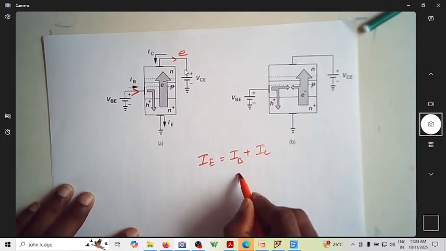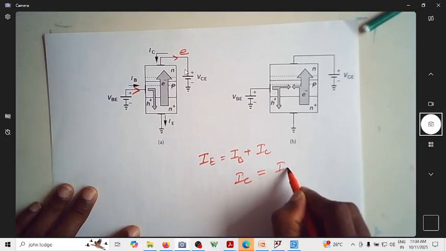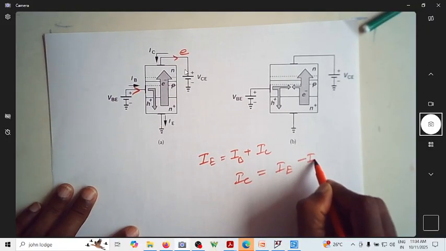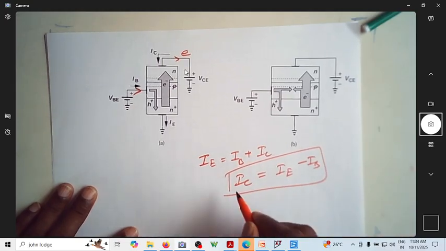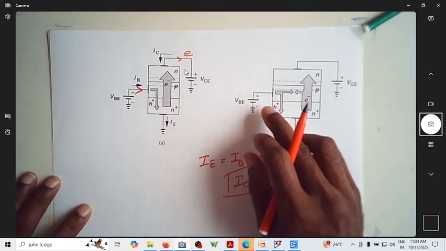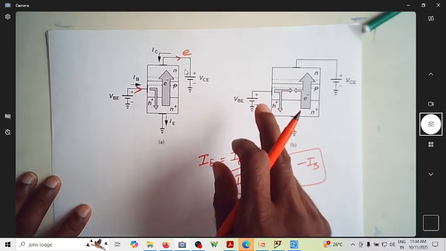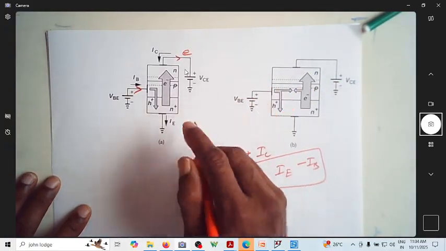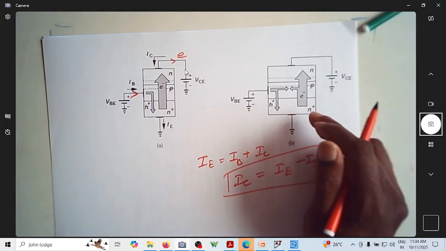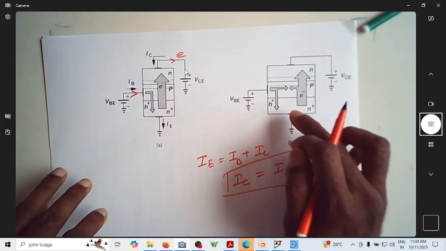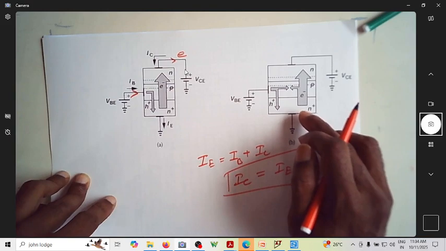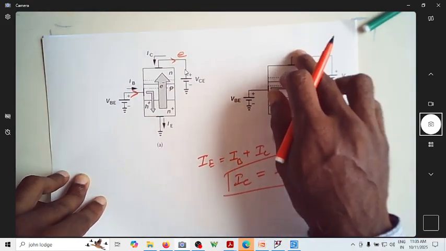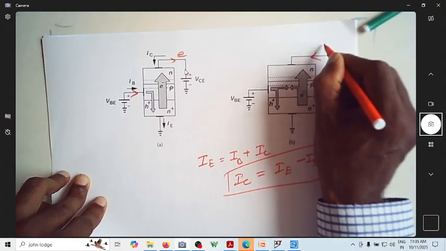So that's why IC is given by IE minus IB. When the emitter base junction is forward biased, even though the collector base junction is reverse biased, the electrons will move from the emitter, causing a current of IC.